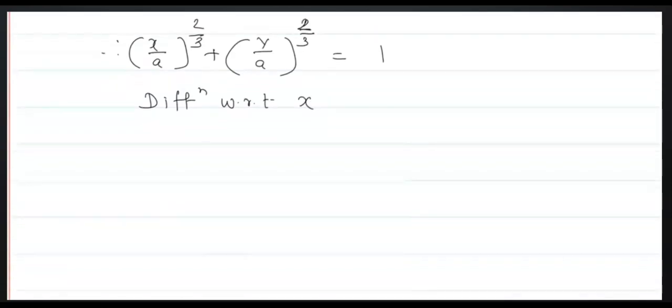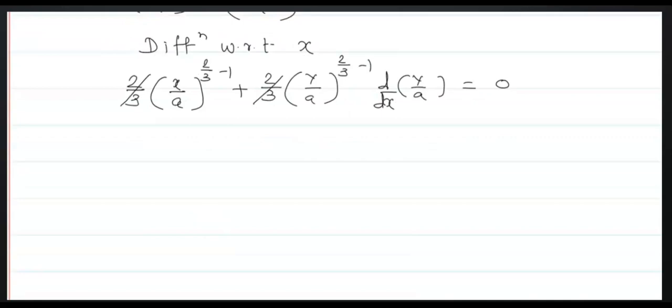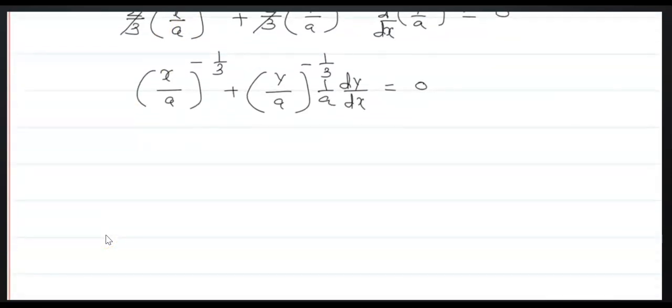Then you will get 2 upon 3 into (x upon a) raised to 2 upon 3 minus 1, plus 2 upon 3 (y upon a) raised to 2 upon 3 minus 1 into dy by dx. That's the derivative of y upon a. The derivative of x upon a is 1 upon a. On both sides, I think the a will get cancelled.